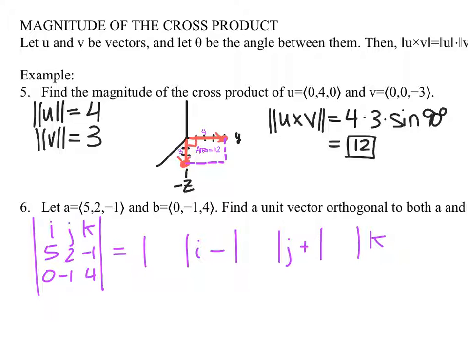For i, again, I'm ignoring the i column and the i row, so 2, -1, -1, 4. And then maybe as you go, run your calculation so you're not overwhelmed with it. All right, so this is going to be 8 minus a +1, so 7i.